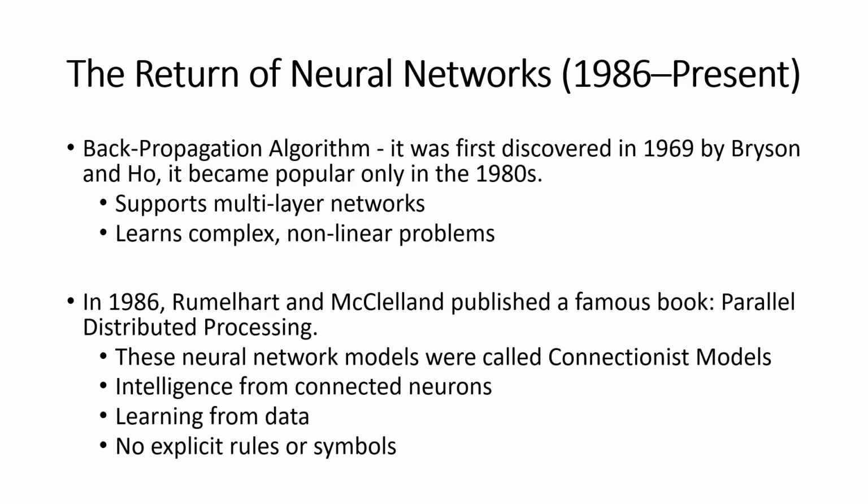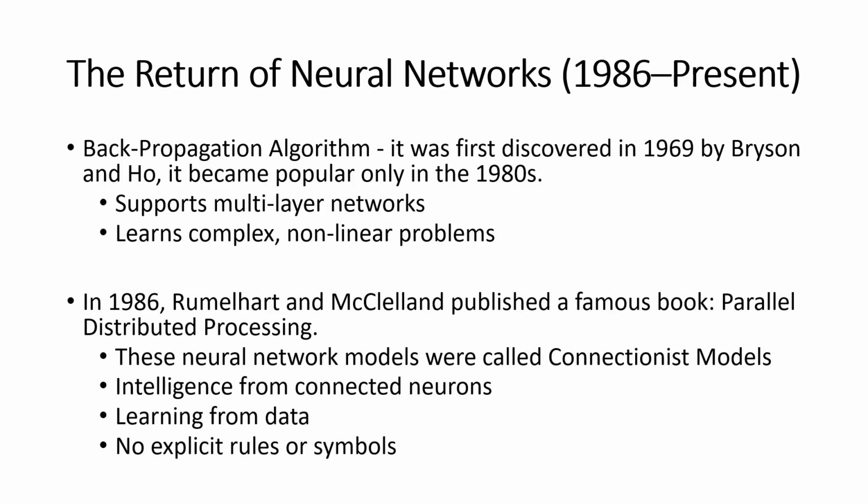It was first discovered in 1969 by Bryson and Ho, and it became popular only in the 1980s. Earlier neural networks had only one layer. Backpropagation allowed multiple hidden layers, error correction, and learning complex patterns. That is why neural networks suddenly became powerful.